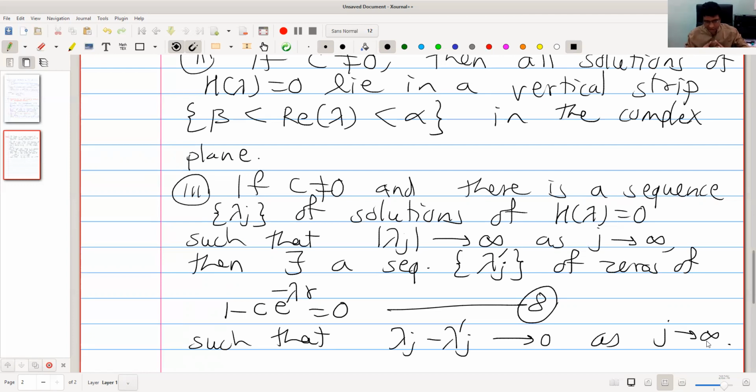It means the roots of this equation 1 minus c e raised to minus lambda r form a sequence which is tending to the roots of the characteristic equation, that is, lambda z dash is tending to lambda j. So the qualitative behavior of these two equations, h of lambda equal to 0 and 1 minus c e raised to minus lambda r equal to 0, will be similar in that case. Okay, let us prove this result.